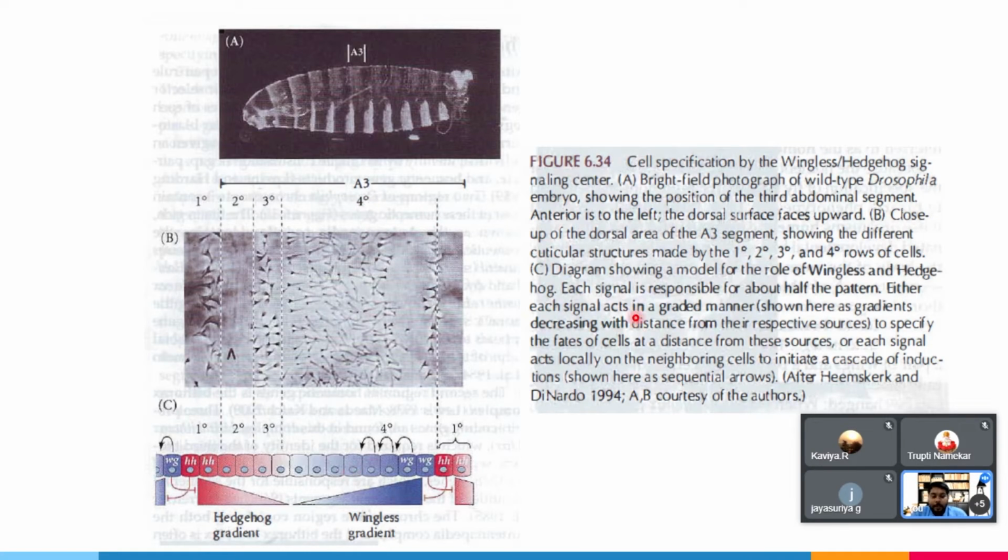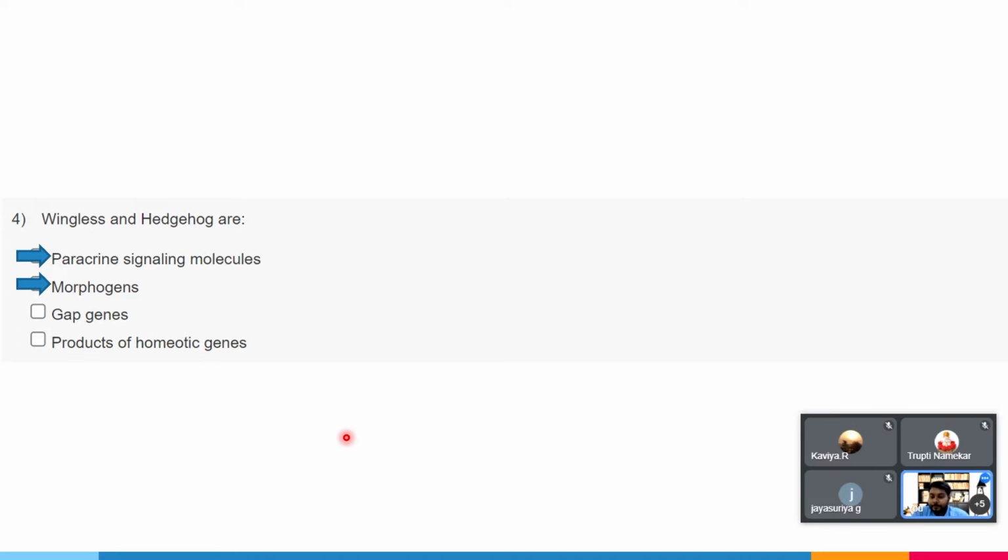And this particular diagram shows us the role of wingless and hedgehog in establishment of this pattern. Each signal acts in a graded manner, which is the characteristic of morphogens, to specify the fates of cells at a distance from the source. And thus, wingless and hedgehog, in addition to being paracrine signaling molecules, act as morphogens.